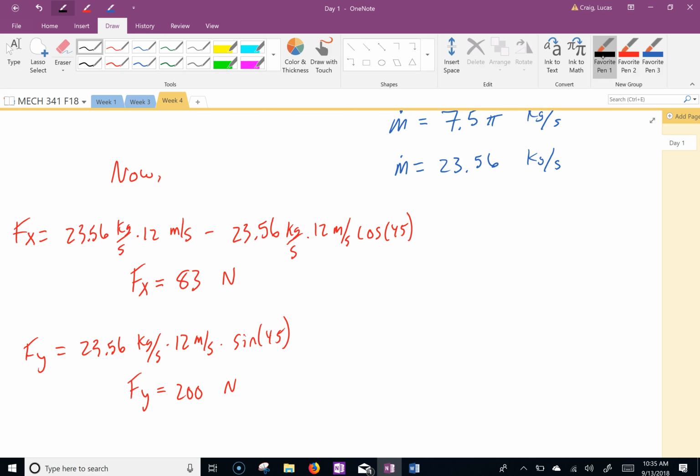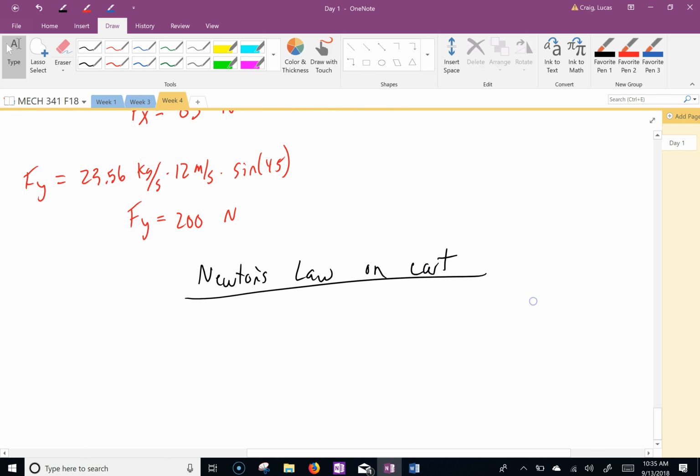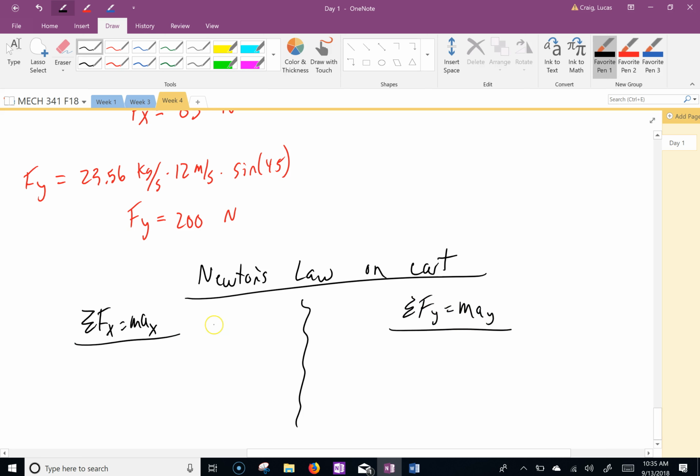And now we can finish it, right? Finally. It's really what we do, we add an extra step to these problems. So now we can do Newton's second law on the cart. Sum of the forces in the x equals m a x. Sum of the forces in the y equals m a y. Minus T plus f of x equals 0.